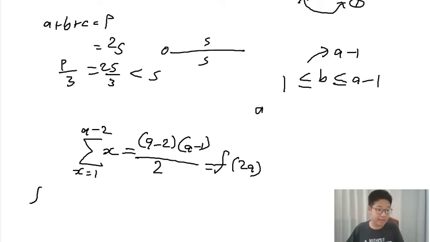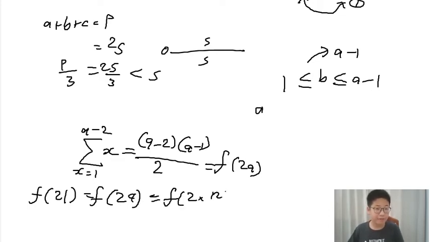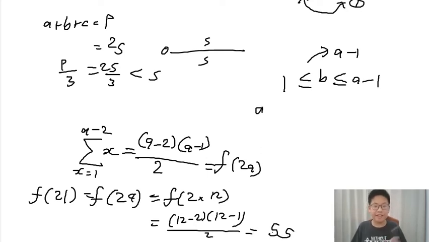And guess what this means? f21 equals f24 equals f of twice 12, which is my age currently, equals (12 minus 2)(12 minus 1) over 2. I will tell you that this answer is 55. There, we proved it.